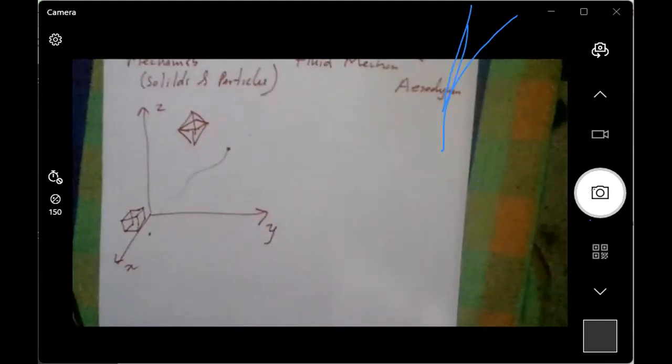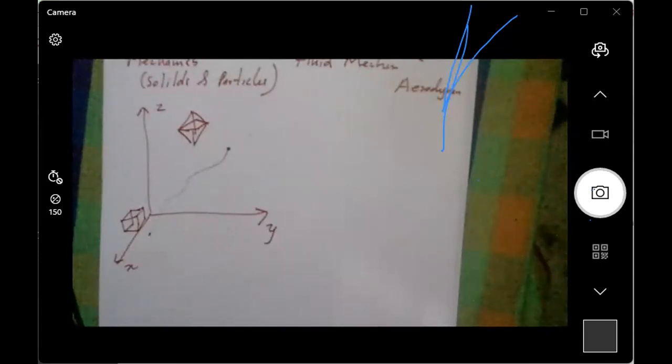Even without translating, a solid object can rotate on its own. So when you shrink a solid object down to a point, automatically we are free from the 3 rotations, right?